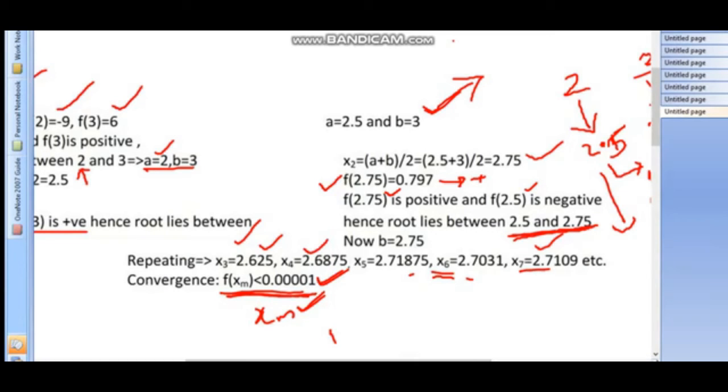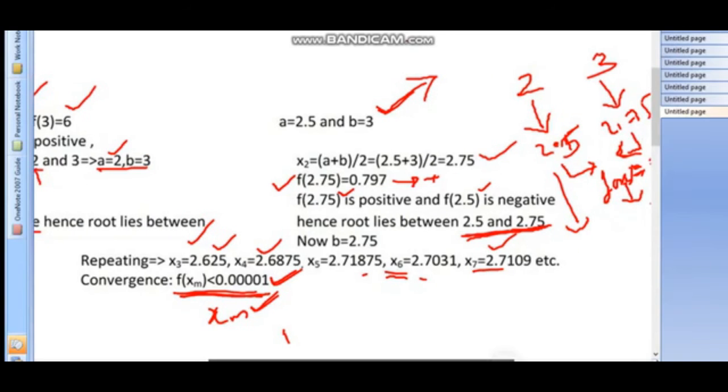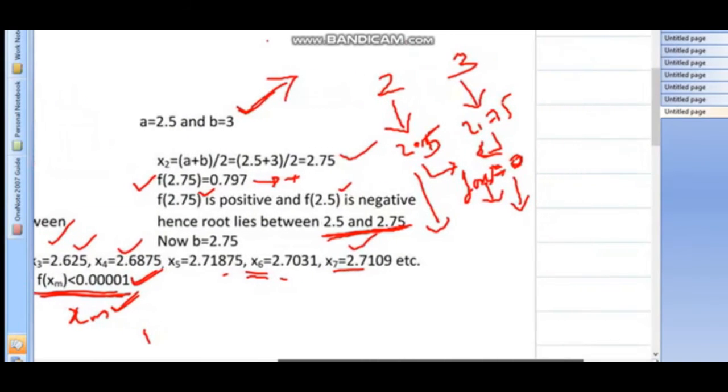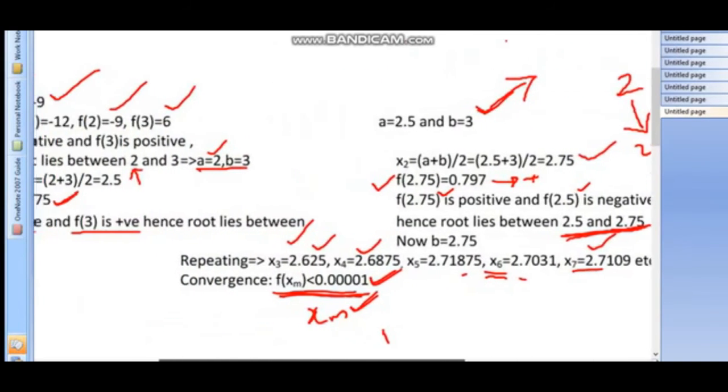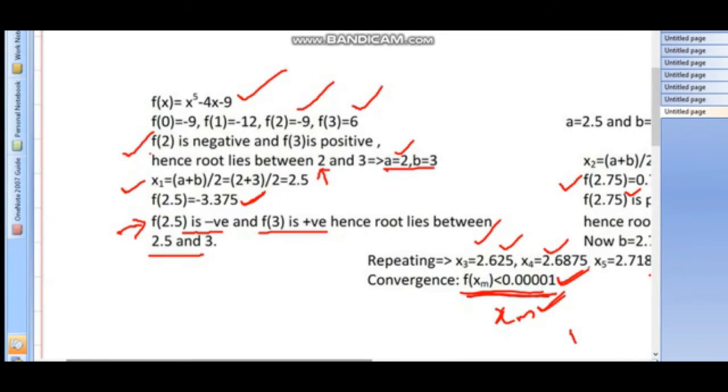So this is how we calculate the solution using the bisection method: first you take the interval, then you reduce that interval in such a way that you approach f of x equal to 0.